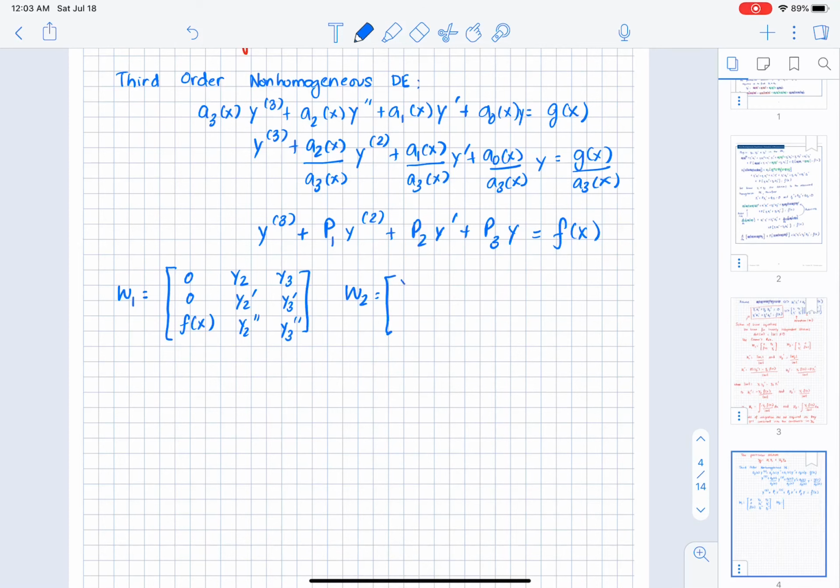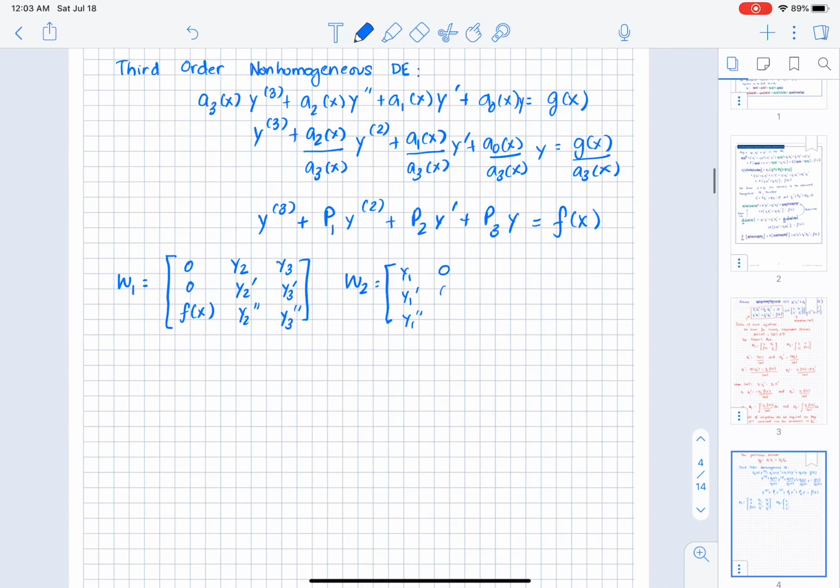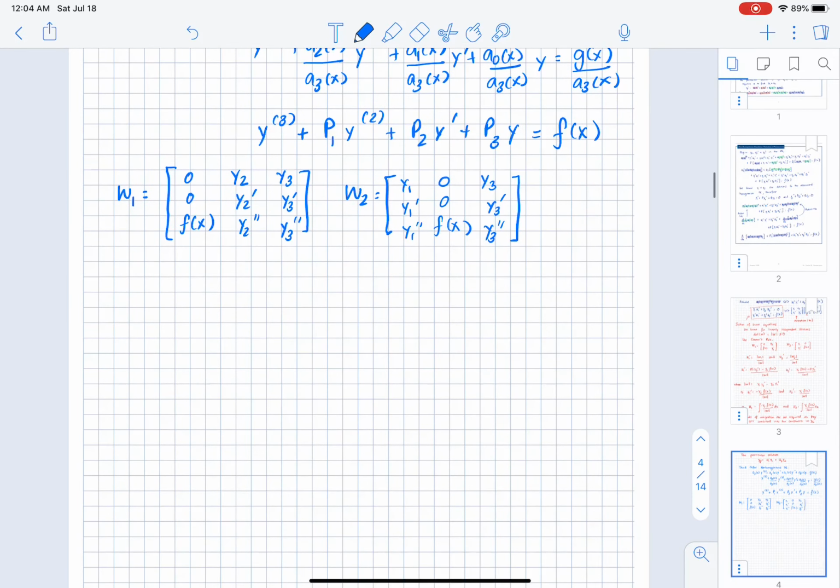W2 is y1, y1 prime, y1 double prime, then 0, 0, f of x, then y3, y3 prime, y3 double prime. And lastly, W3 would be y1, y1 prime, y1 double prime, y2, y2 prime, y2 double prime, 0, 0, f of x.